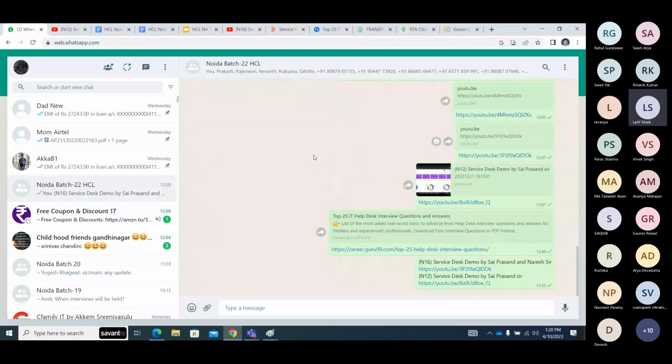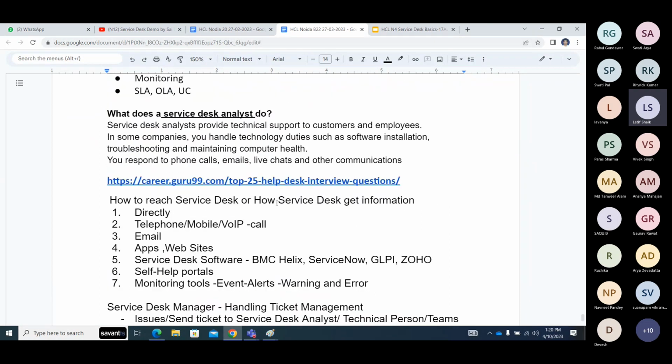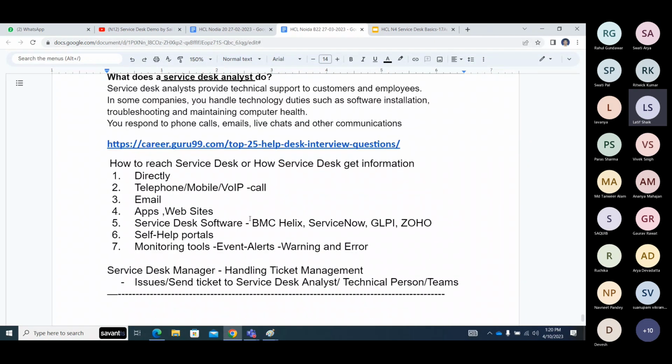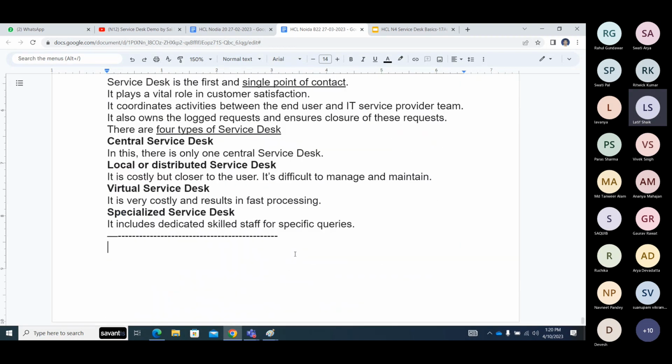Do not share these links with anyone. Also read the 25 service desk and help desk questions, definitions and so on. Anything you find about service desk, read it, because it is one of the important topics. What is service desk? A minimum of 3-4 technical questions will come from service desk.